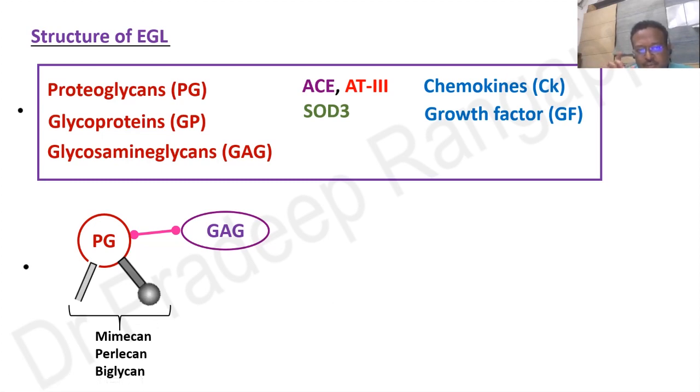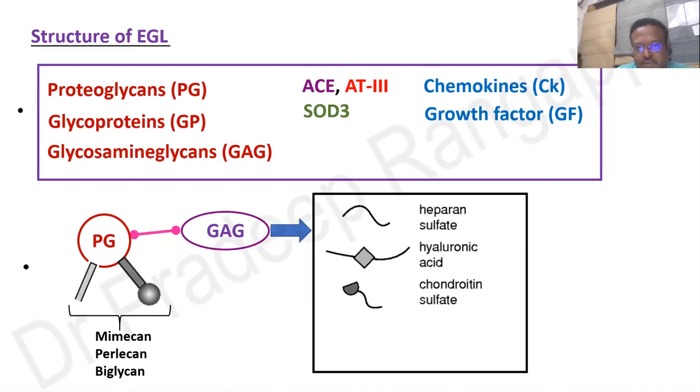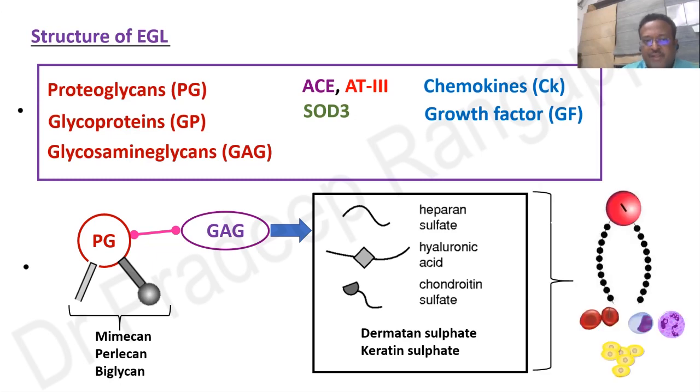For all the listeners, please remember there are two important aspects: proteoglycans, which form the central core, and glycosaminoglycans, which are another important structural unit. Some of the constituents of glycosaminoglycans are heparan sulfate, hyaluronic acid, chondroitin sulfate, dermatan sulfate, and keratan sulfate. All these names that you see are negatively charged.